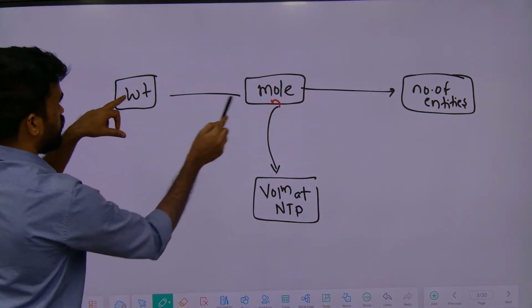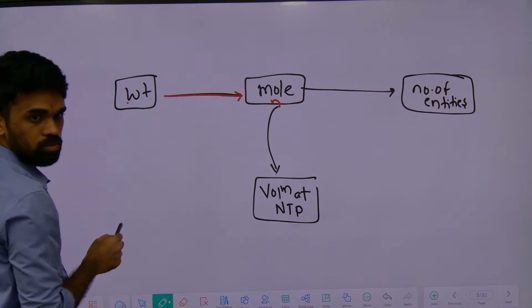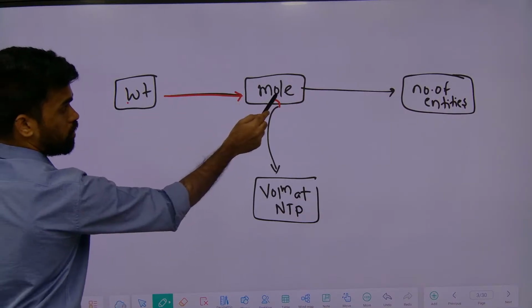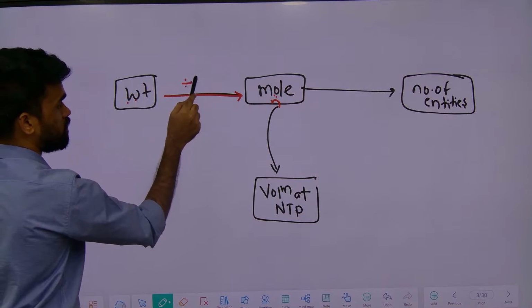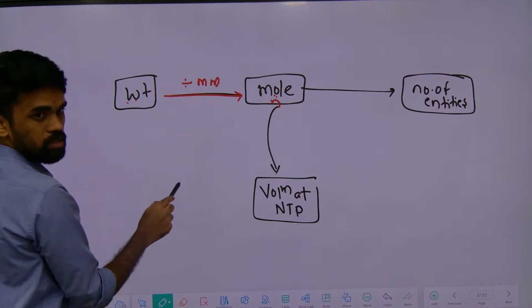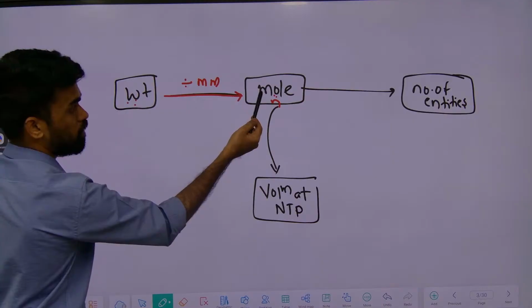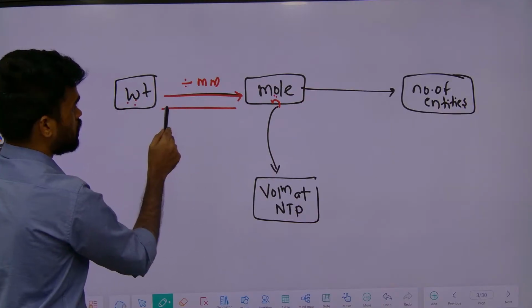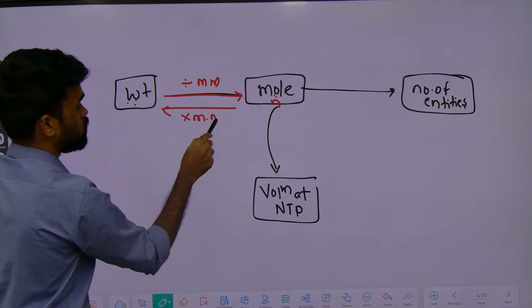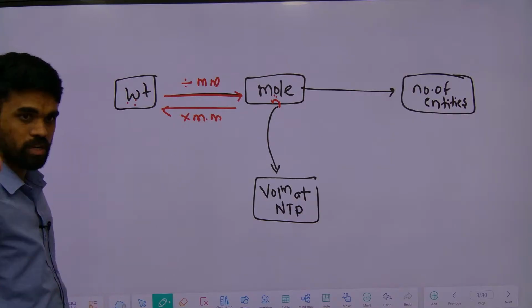In order to get moles from weight, divide with molar mass. In order to get weight from the given moles, multiply by molar mass. This is why I am making you write multiple times, so you can revise them.